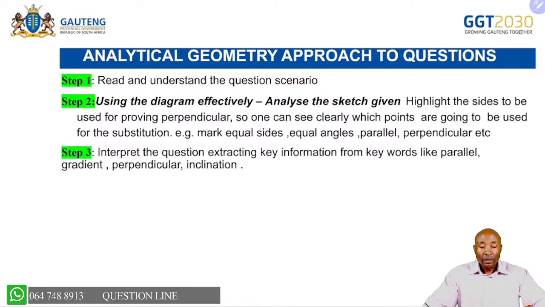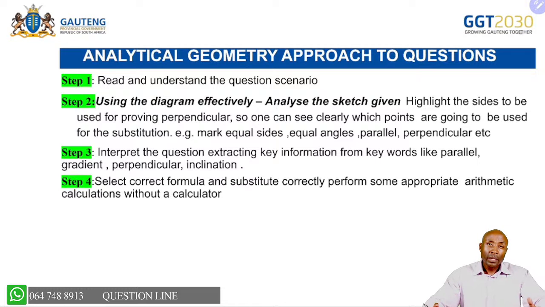Step 3, we interpret the question, extracting key information from the keywords. We know the keywords: parallel, gradient, perpendicular, bisect, intersect. So those words help us to answer the question.